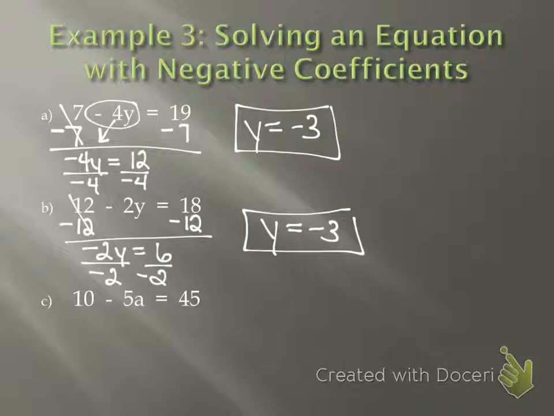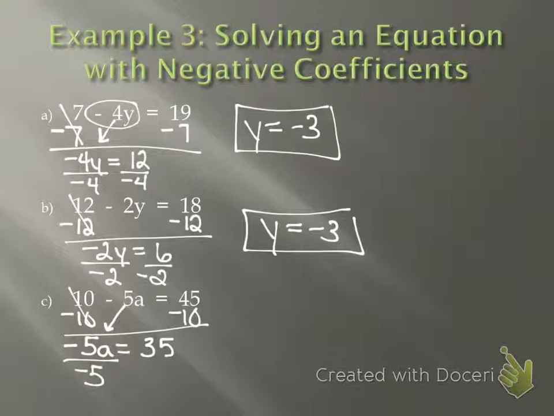Okay, what about C? What's the first thing I do on C? Subtract 10 from both sides. I'm left with 5a equals 35. Oh, wait, did I forget something? Negative 5a. Bring down my negative. If you forget your negative, it's going to make your answer wrong.